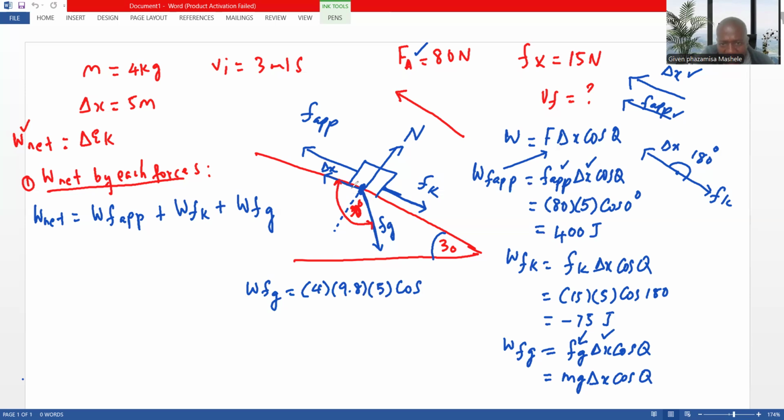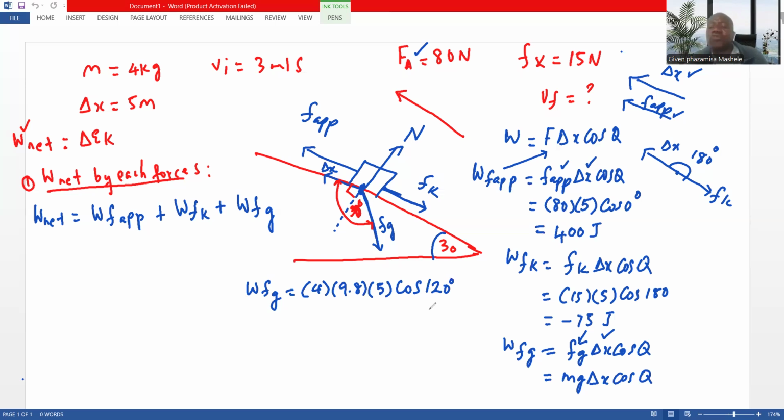Obviously, here the angle is 90, so we're going to add 90 with 30. So 90 plus 30 gives us 120. So the angle between the displacement and the Fg is 120 degrees.